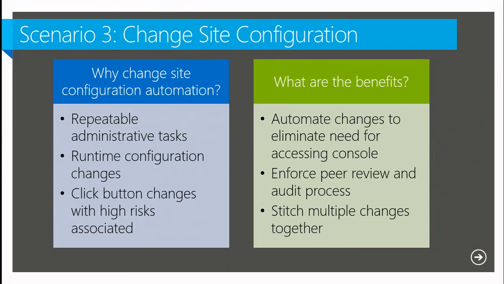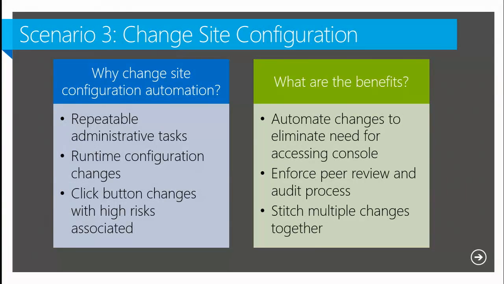And being able to automate this has really helped us eliminate the need for our operations or admin folks to have to access the console for every little change. We're able to enforce a peer review process, and we're able to have a standard task config.